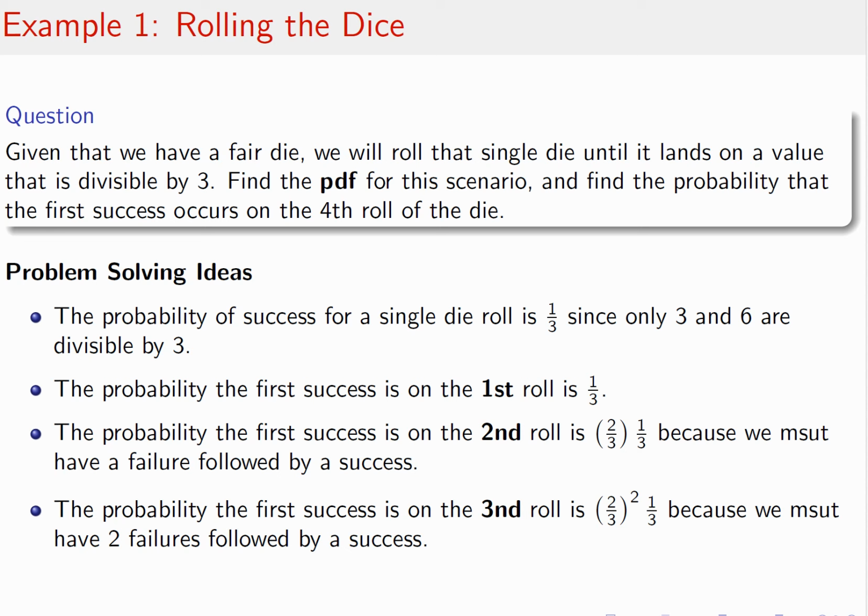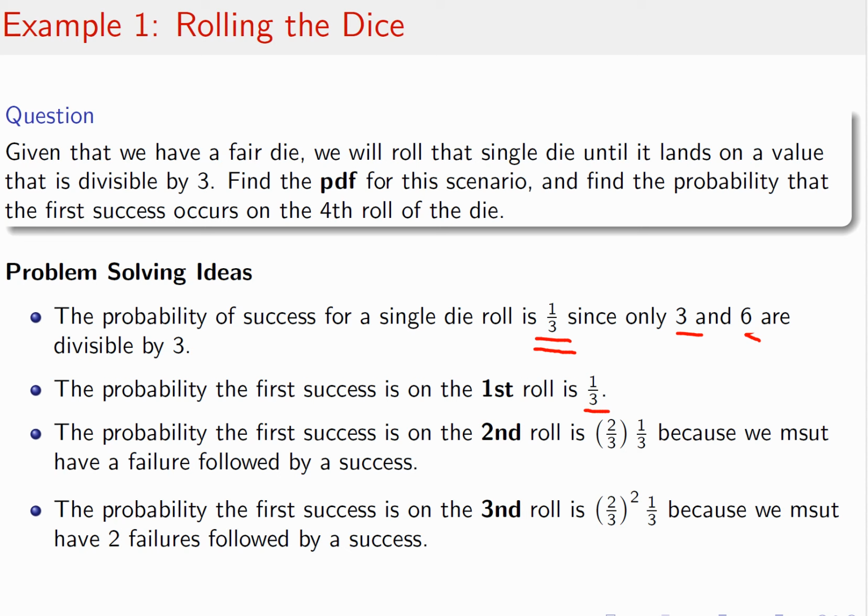Well, first of all, what's the actual probability we're talking about? Well, if we roll the die once, we have a 1/3 probability of getting either a 3 or a 6, right? Those are 2 of the 6 possibilities. Reduce that fraction to 1/3. So the probability that the first success is on the first roll is 1/3.